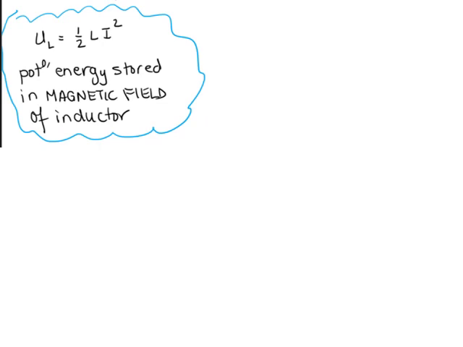To find an alternate expression for our potential energy, let's fill in what we know about L. So L is the inductance. When we talked about a regular solenoid with a round solenoid, we see that L was equal to mu naught times n squared times pi r squared over l. So this was for a round solenoid. Turns out this is true even if your solenoid is not round.